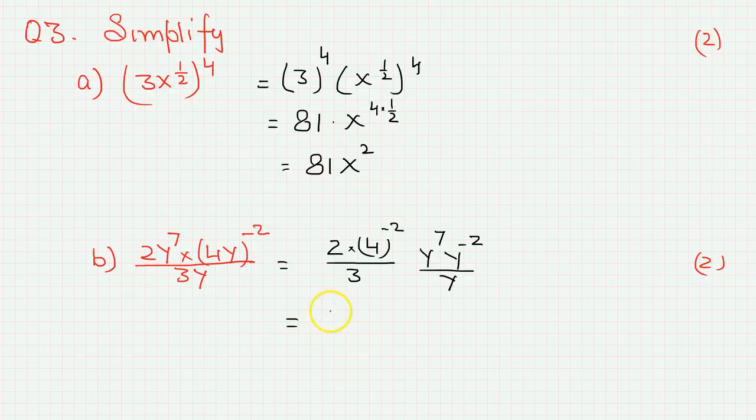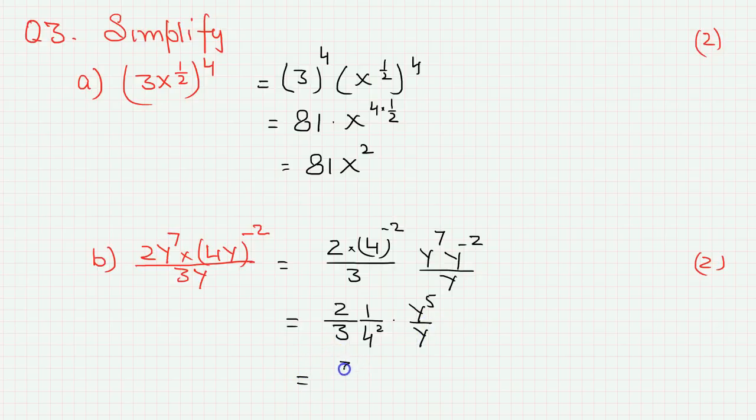So it will be 2 over 3. 4 to the power minus 2 means 1 over 4 squared. y to the power 7 minus 2 is y to the power 5. And this is another y.